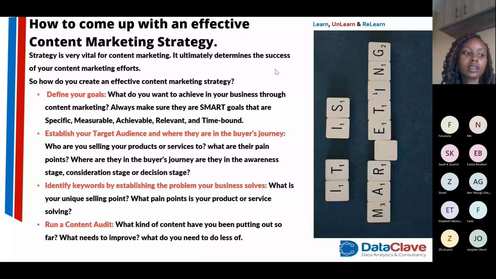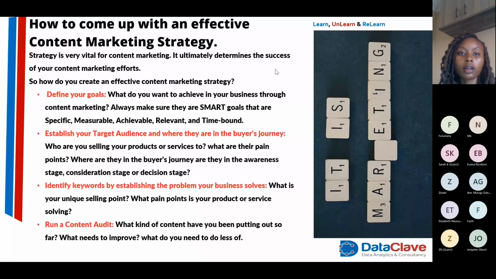So you must know everything you've put out there. You must go to analytics and understand how this content has been performing. From there, you're able to come up with a good strategy, because you see maybe it's not been performing well. And why has it not been performing well? Maybe it's because of A, B, C, D.